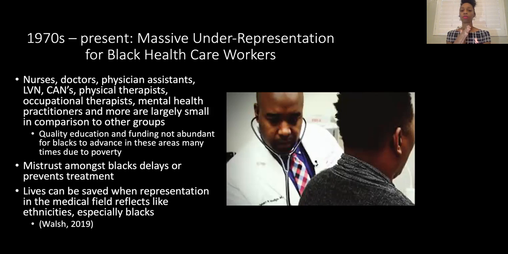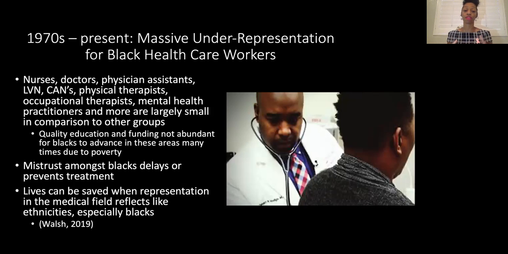The inner cities typically perform far below the schools in more residential based neighborhoods. So there's a lack of quality education, and that directly impacts Black kids, Black teens, their ability to get into quality schools and do well and be able to go into healthcare careers.